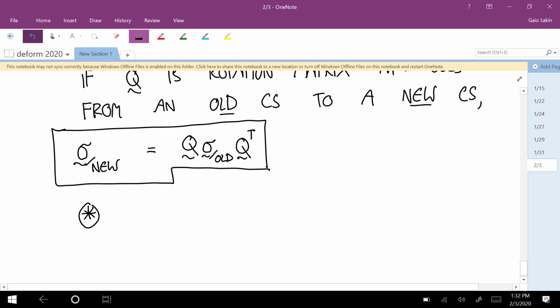So one thing to notice about this: for vectors, you only need to multiply by one rotation matrix, and here you have to multiply by two. So you need two rotation matrices for tensors.